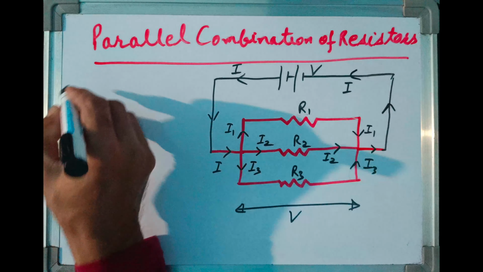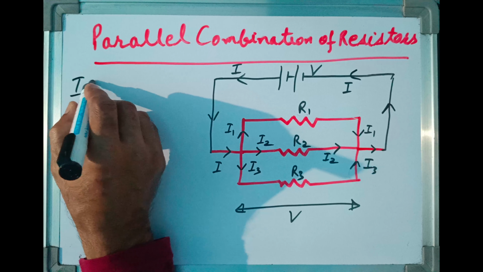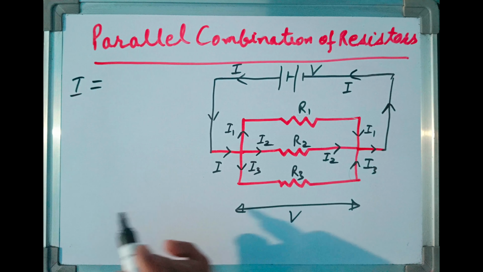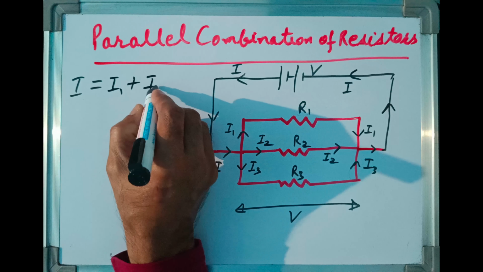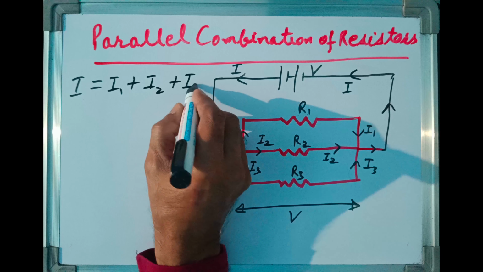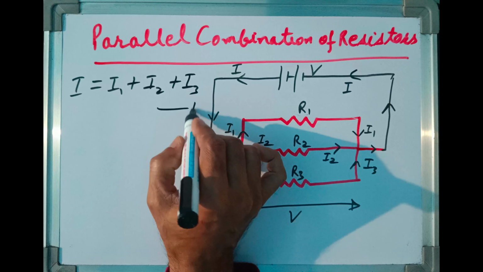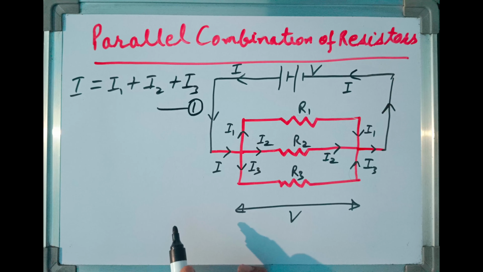So I can write mathematically that the total current from the battery is equal to I1 plus I2 plus I3. Let me call it equation number 1.